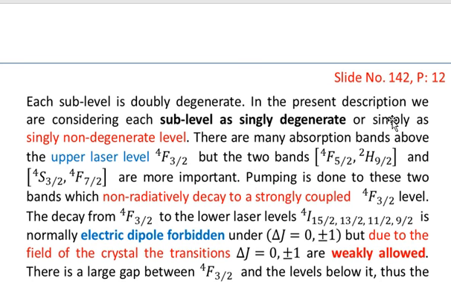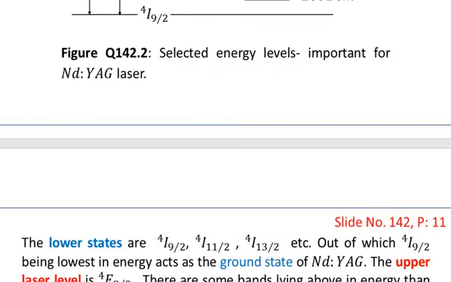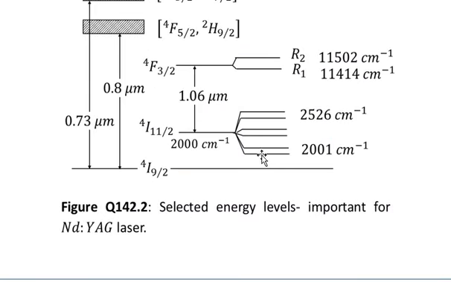In the present description, we are considering each sub-level as a singly degenerate, or simply a non-degenerate level. So we are treating these 6 levels, although each is actually 2 levels having the same energy, as single non-degenerate levels.